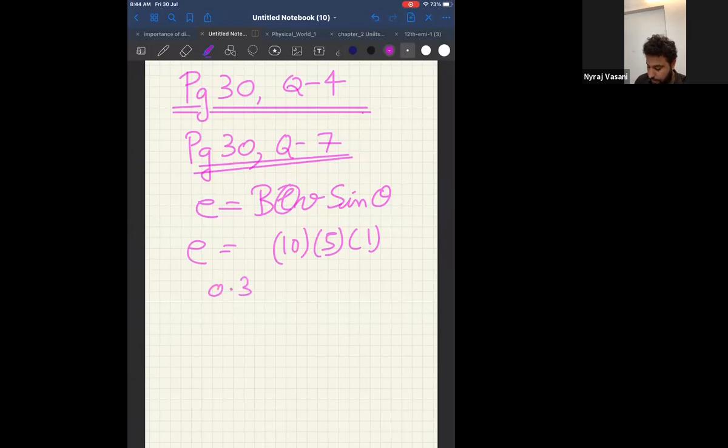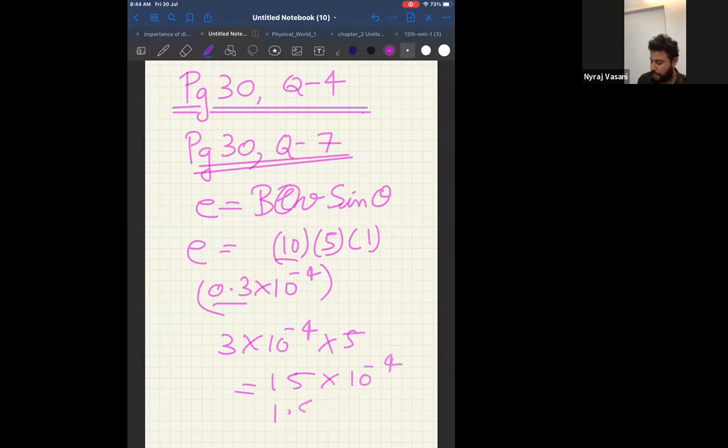So 0.3 into 10 will be 3 into 10 power minus 4, into 5. Therefore, the answer will be 15 into 10 power minus 4, or 1.5 into 10 power minus 3, or I can say it is 1.5 millivolt. Getting the answer for the 7th one, all of you, as B, correct?